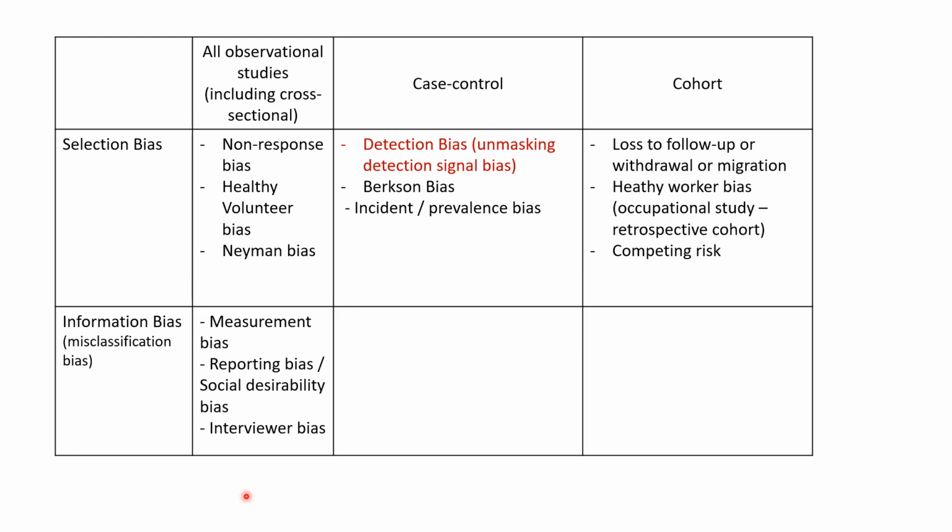You're just collecting the information in a thorough way across all your study population. But if the way you are collecting this information would differ based on the participant, whether he has a disease, whether he's a case or control, or whether you know that he's a smoker or non-smoker, that would create a bias.